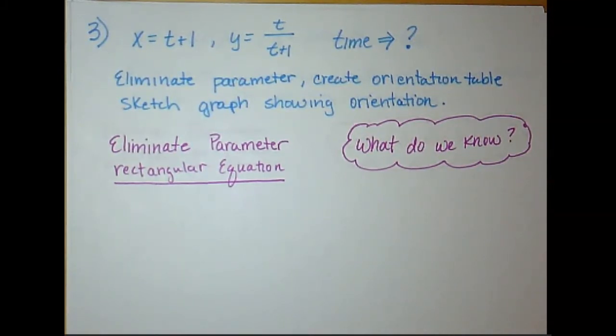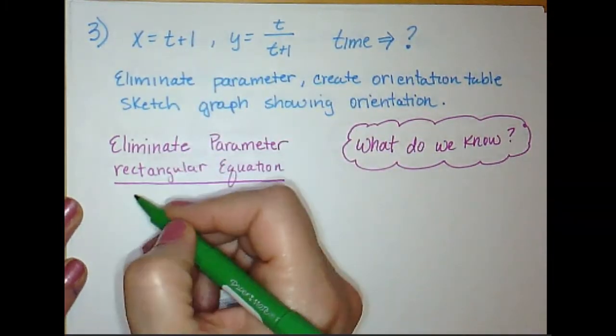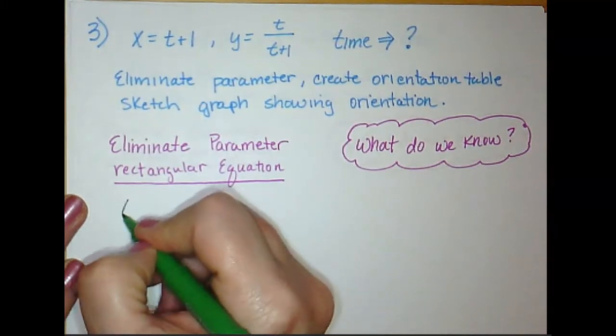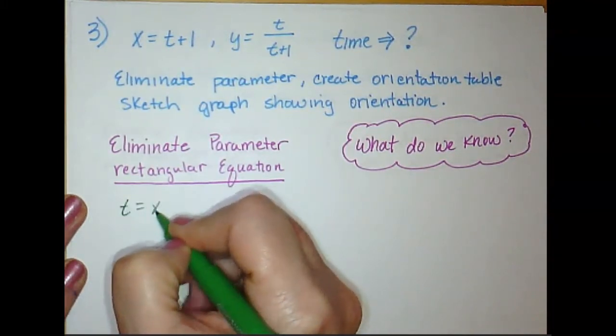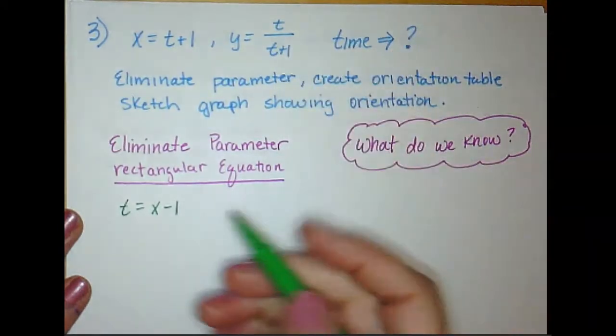All right, so how I go about eliminating a parameter in this case is I'm going to take one of the two equations, whichever one looks the easiest to solve for t. So I'm going to use this one right here. I'm going to say t equals x minus 1. I just got t by itself. Now I'm going to take that t and plug it into the second equation.